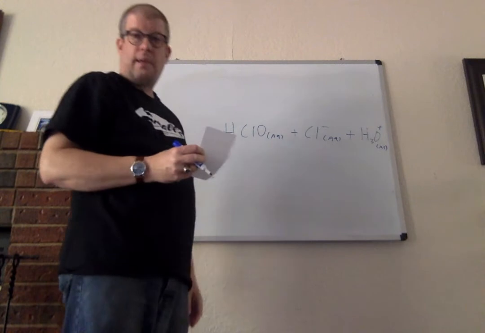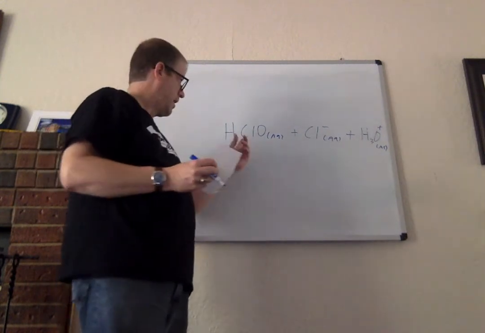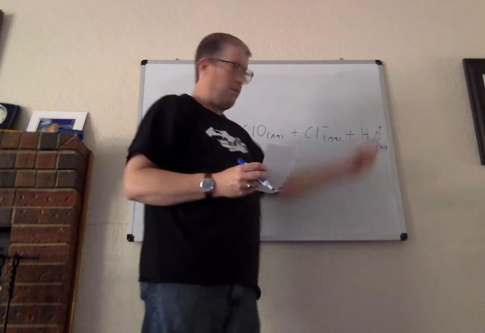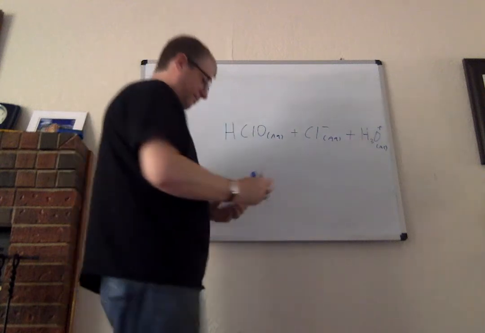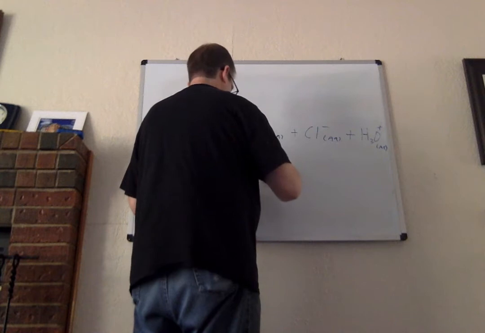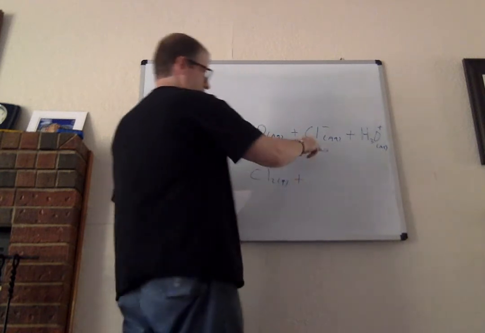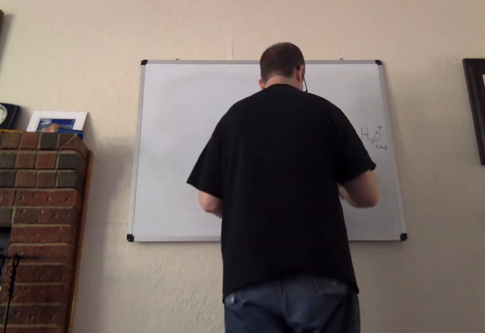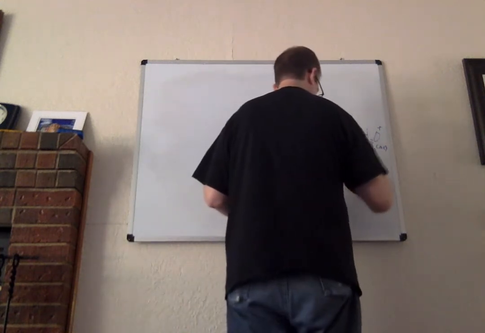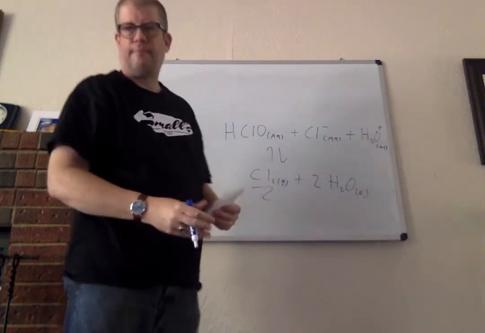This is generated by the decomposition of the hypochlorite anion, which also happens. And this is an acid, and so there's hydronium present as well. When you have this stuff mixed with this, we generate that, Cl2.